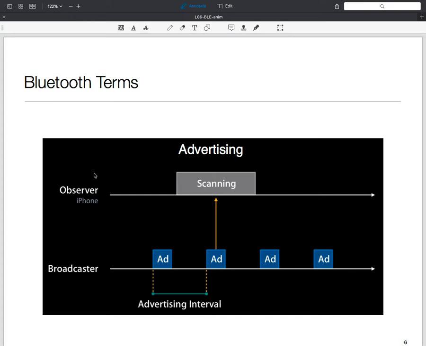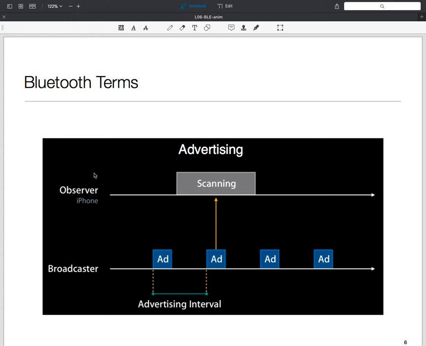Bluetooth had advertisement packets to be able to do the discovery and pairing. BTLE uses them to also send the data. On the advertisement packets, I think there are 31 bytes or some small amount of payload. So sensors can advertise themselves and they can advertise certain data along with it also.